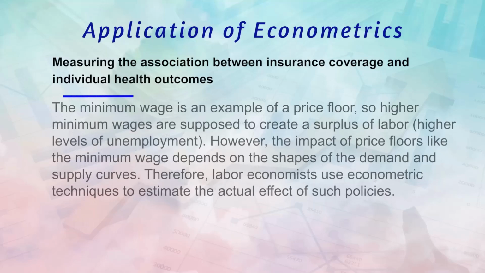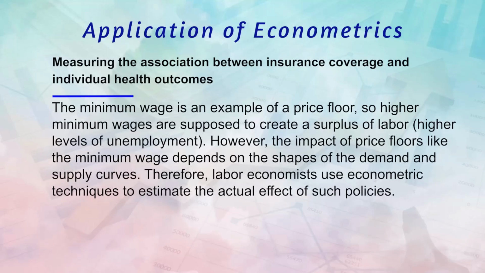Further, when we proceed to take more examples, we can even take a study from finance. For example, a study on moral hazard or adverse selection in the field of insurance theory, like measuring the association between insurance coverage and individual health outcomes.